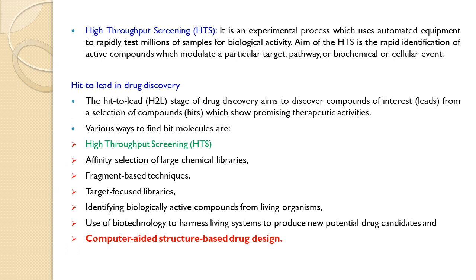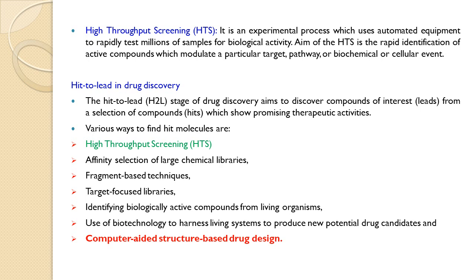In the last slide, I mentioned two terms, high throughput screening and hit to lead in the drug discovery. What is high throughput screening? It is an experimental process which uses automated equipment to rapidly test millions of samples for biological activity.